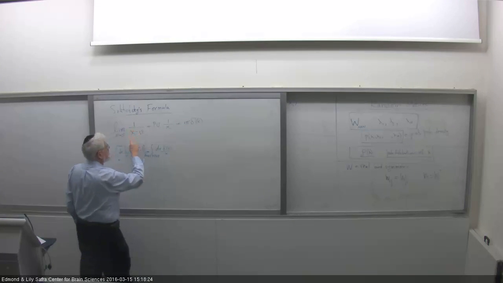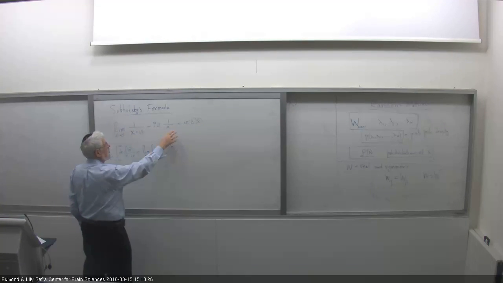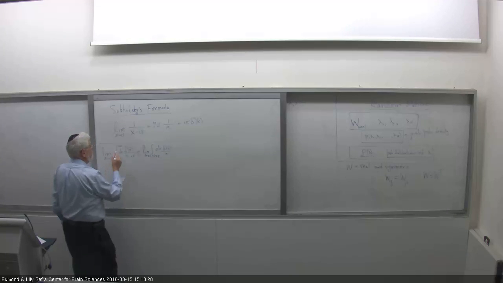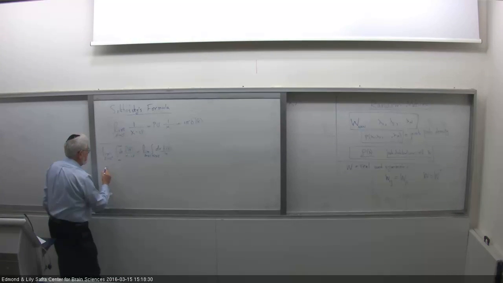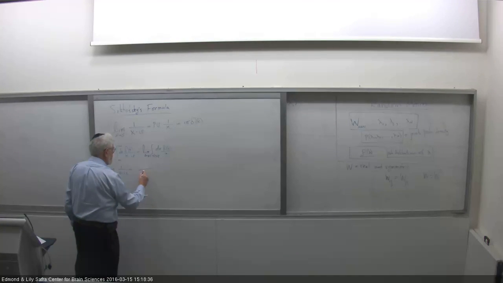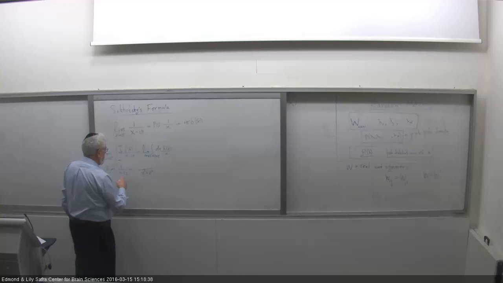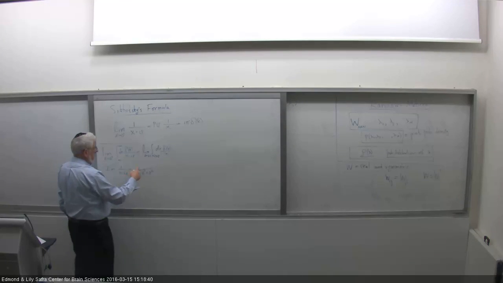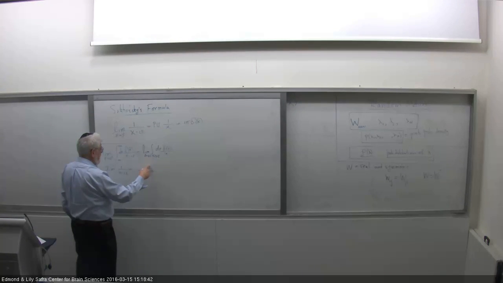Okay, so now let's look at the imaginary part. If I look at the imaginary part of 1 over x minus i epsilon, I can write it as x plus i epsilon over x squared plus epsilon squared, so the imaginary part will just be epsilon on top.